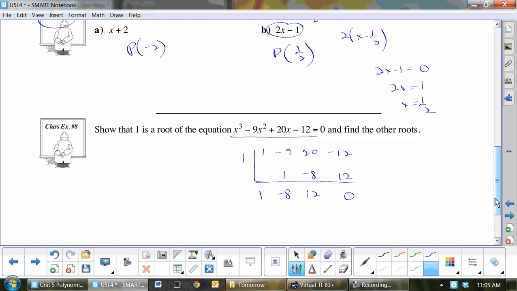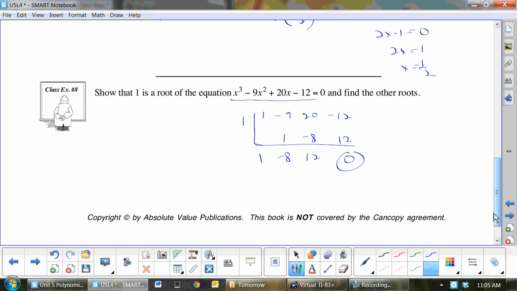Okay, well, I'm hoping it's 0. So this is 1x squared minus 8x plus 12. X minus 1. Okay, that equals x cubed minus 9x squared, right?